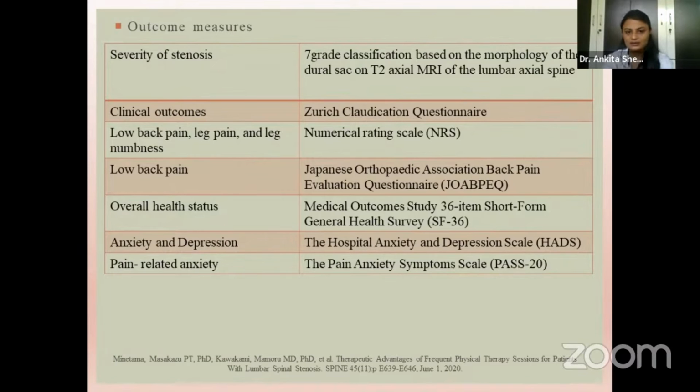Overall health status was assessed using the Medical Outcome Study 36-item Short Form General Health Survey, SF36. Anxiety and depression were assessed using the Hospital Anxiety and Depression Scale. Pain-related anxiety was assessed using the Pain Anxiety Symptom Scale.